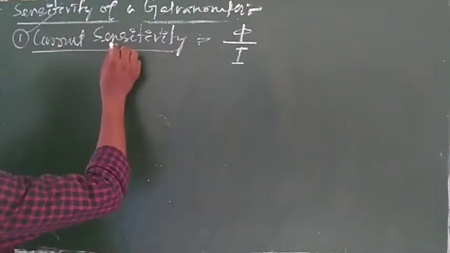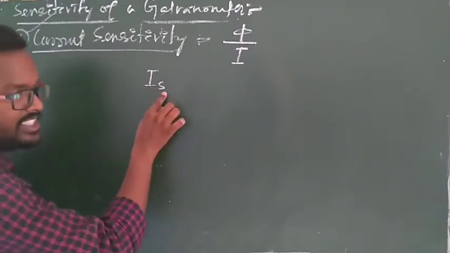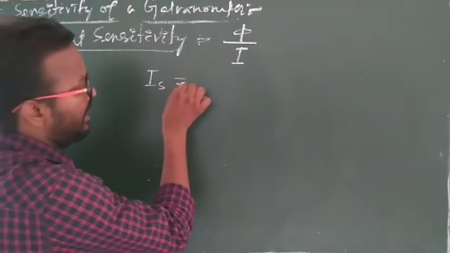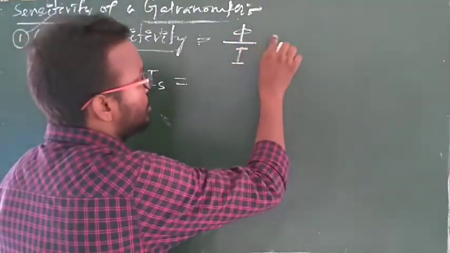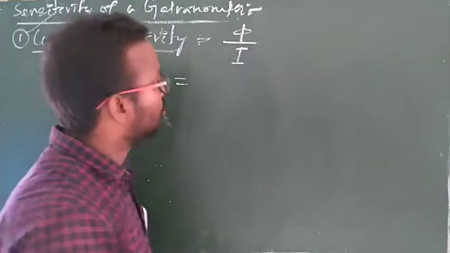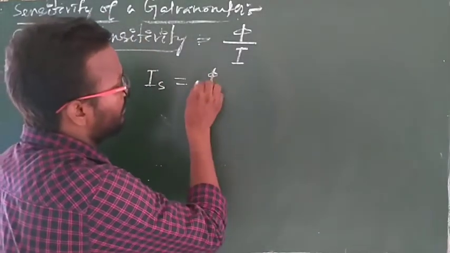That means current sensitivity can be written as IS. IS means current sensitivity is defined as the ratio of angle of twist per unit current flowing through the coil. That means phi by I.